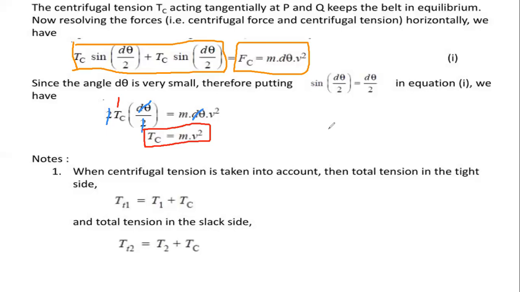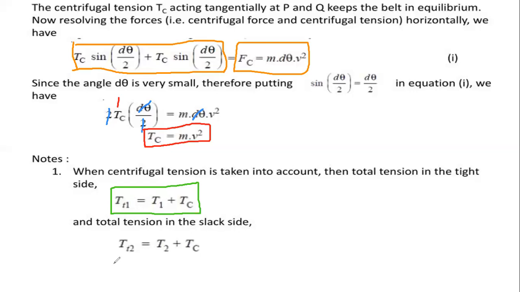Then when centrifugal tension is taken into account, the total tension on the tight side, taken as 1, is TT1 is equal to T1 plus Tc. So TT1 is equal to T1 plus Tc.